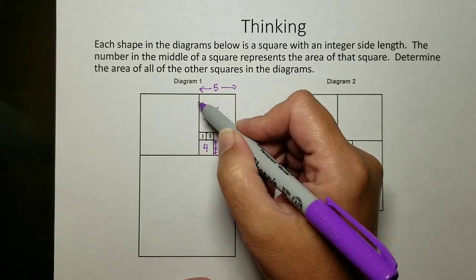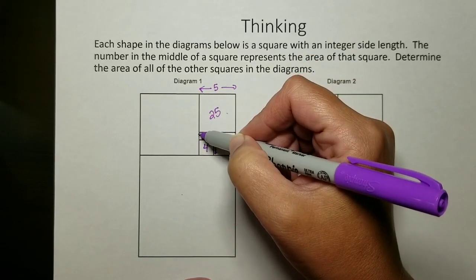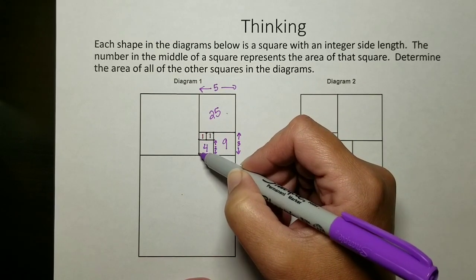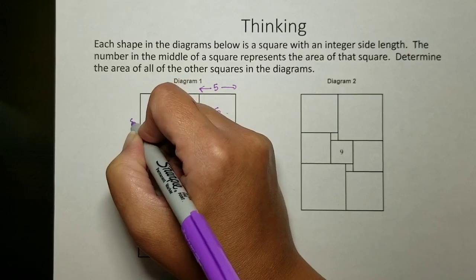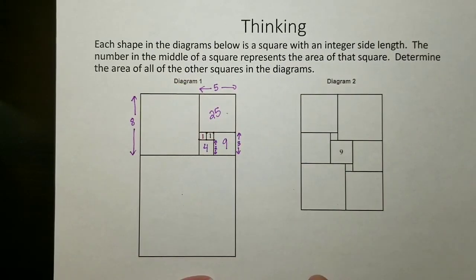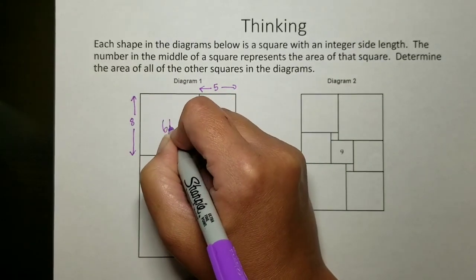Looking at this one here, this is a length of 5. Then we have a length of 1, so that's 6. And then this one was 2 more, so now we have 7 and 8. So this length here, up and down, will be 8. So this area, 8 times 8, gives me 64.